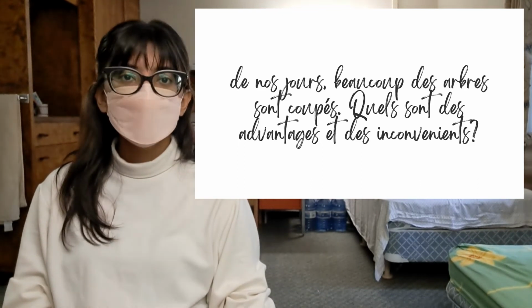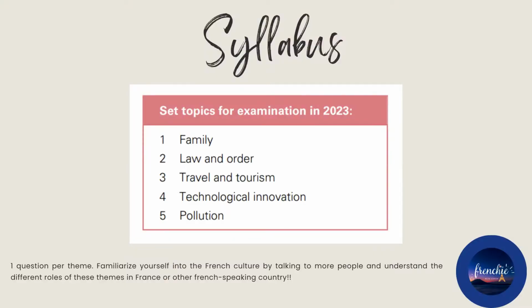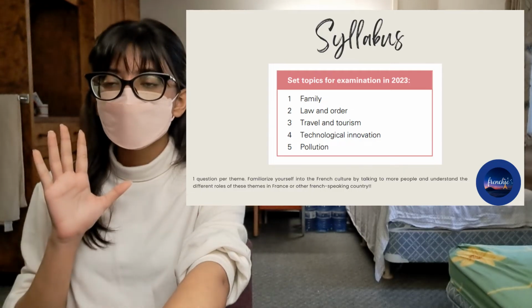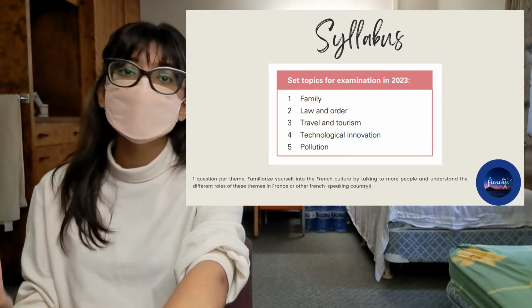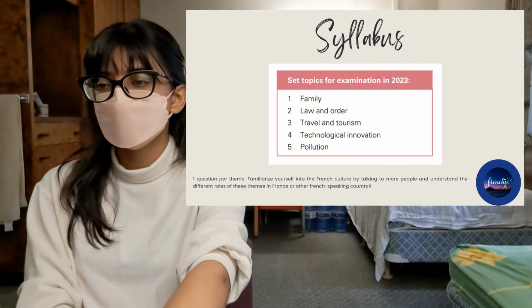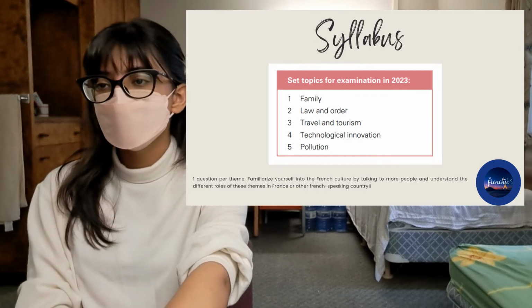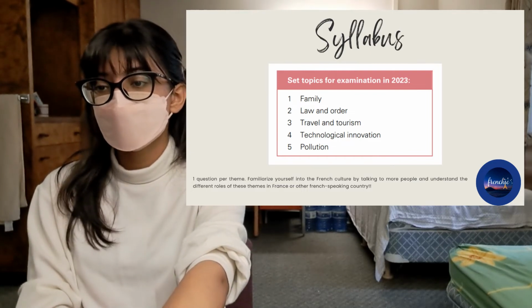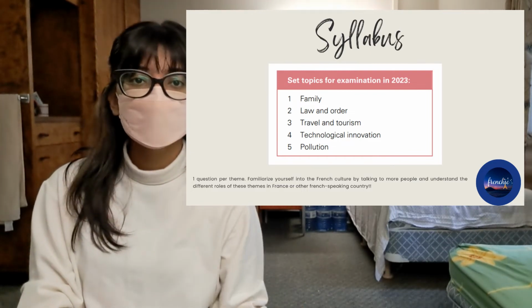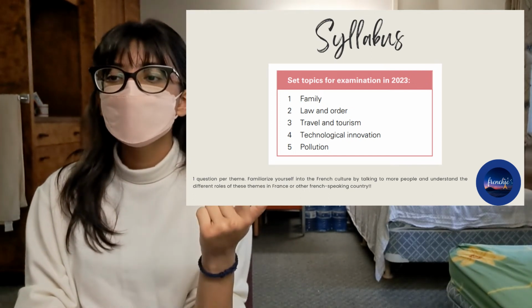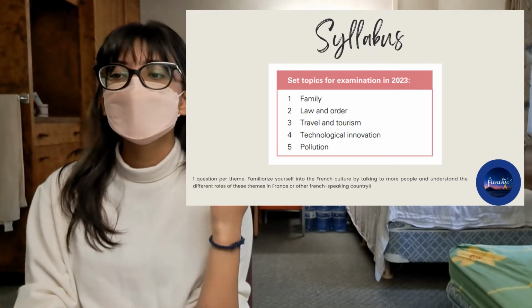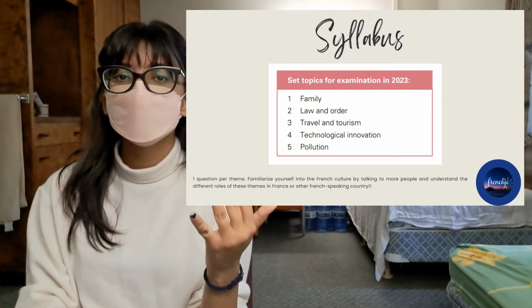Now, I would say that it is very important for you to look at your syllabus because every year they give at least five big themes that you should be looking at, and the questions come out of these five themes. So for example, if you are a 2023 candidate, the set topics for this examination are family, law and order, travel and tourism, technological innovation, and pollution.